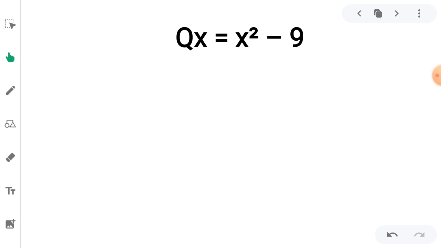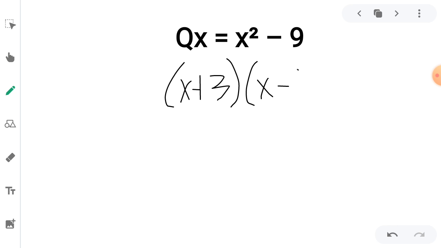In order for us to get the value of x, we all know that x squared minus 9 is a difference of two squares, the product of a sum and a difference of two terms. So x squared minus 9 is equal to x plus 3 times x minus 3, which is equal to 0.